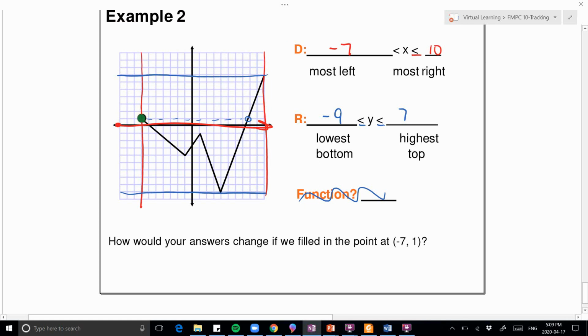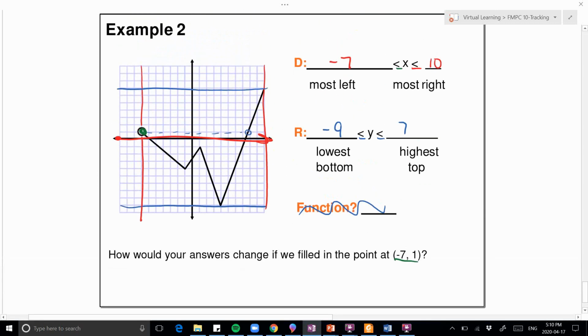What would that do? Well, if we filled in this point, that would change my domain, because here we said that it was not part of the data set. But if it's filled in, now it is a part of the data set. So those are two different scenarios, and it's important to be aware of them.